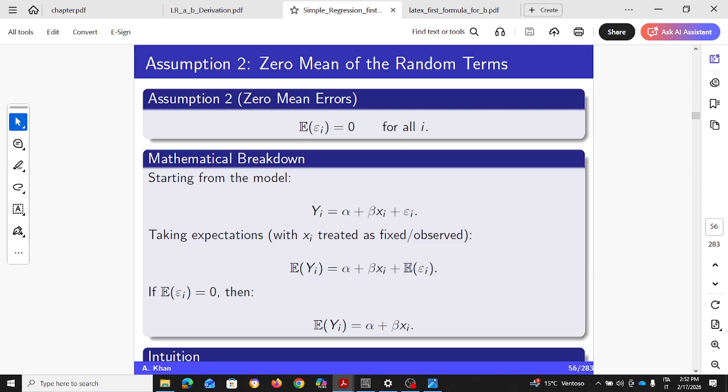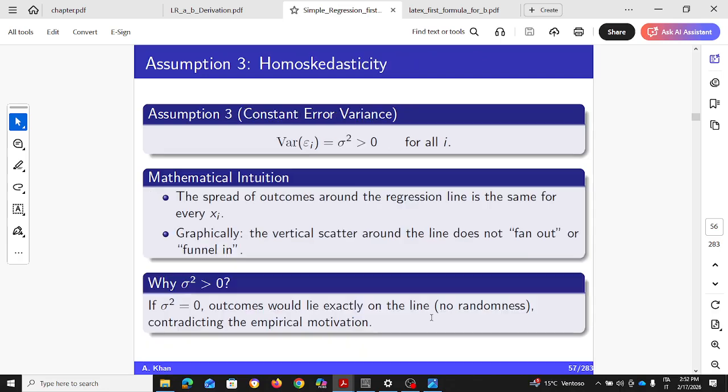Again, some of the errors will be above the line, some will be below the line, and the summation of those will be equal to 0. So if those errors are equal to 0, we get this line. Clear? So basically we exclude this kind of natural errors from our model.